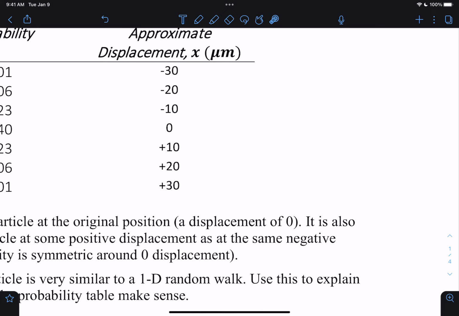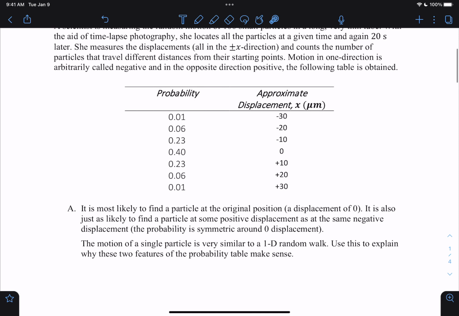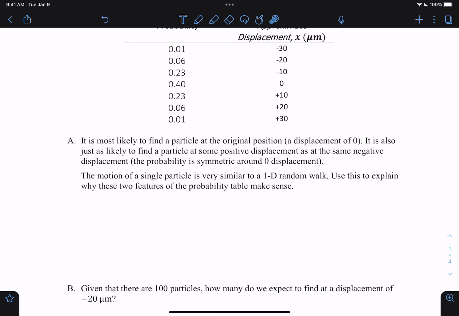Otherwise, keep that in mind from a conceptual standpoint, because that might be a multiple choice problem on the exam: when you're doing a simple random walk or you have an infinite number of trials or particles, your average displacement is going to be 0. But if you have a finite number and they don't say it's a simple random walk, then your average displacement will be very close to 0, but not exactly 0. I figured I'd clear that up from a conceptual standpoint.